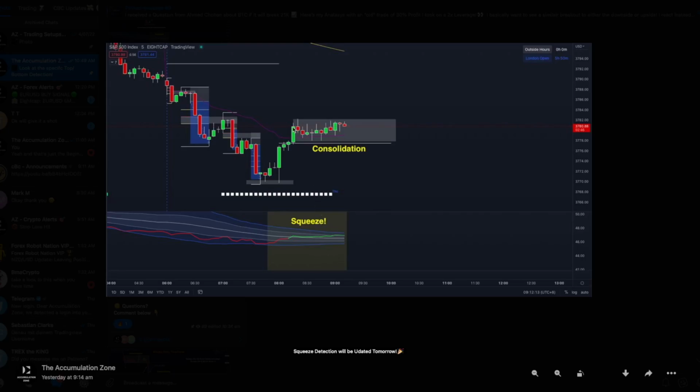So right here on S&P 500 again, that's my favorite index to trade, we saw consolidation, so very small candle bodies with bigger wicks than candle bodies, and we have been alerted by our squeeze indication already right on this candle, so we are still waiting for it to break out.